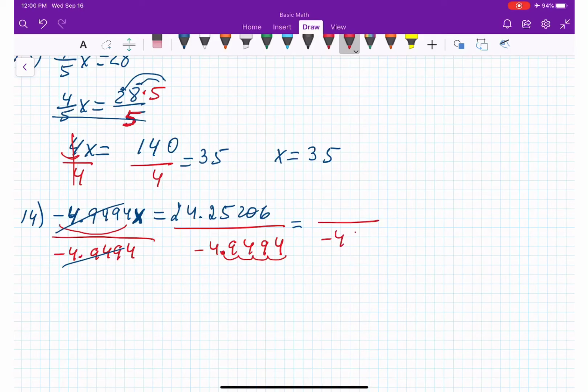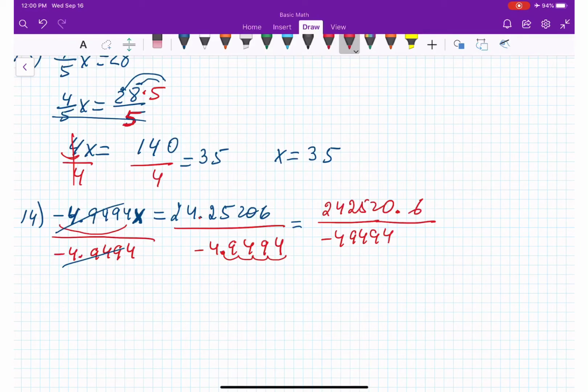It will be negative 49494, which means here also in the numerator I'm moving by 4 positions. 1, 2, 3, 4. It comes here. So we get 24. Let me clean that mess I made there. Okay, I get 24,252.06.